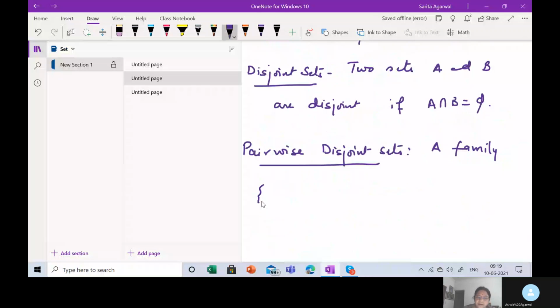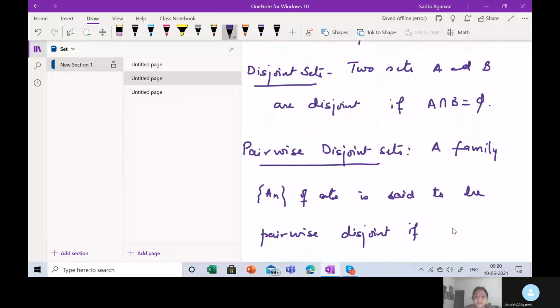So a family An of sets is said to be pairwise disjoint if Ai intersection Aj is empty for all i and j with i not equal to j, because if i is equal to j, then Ai intersection Ai is Ai.